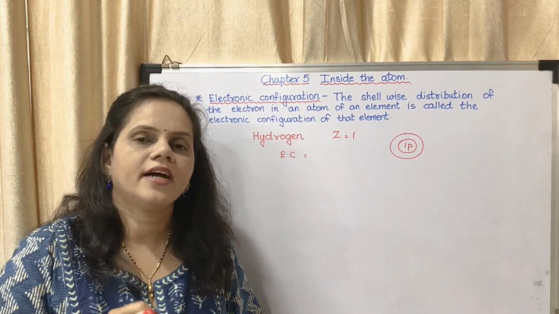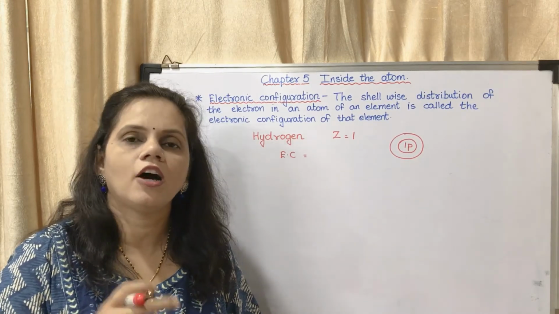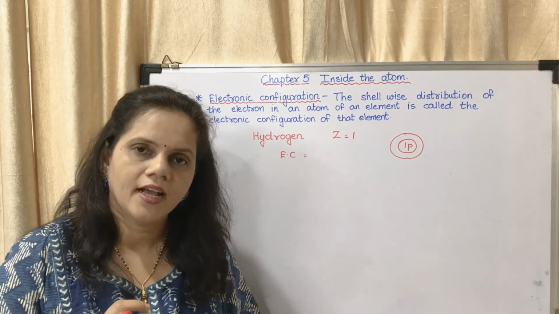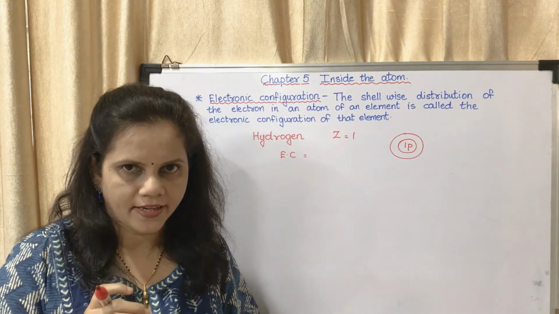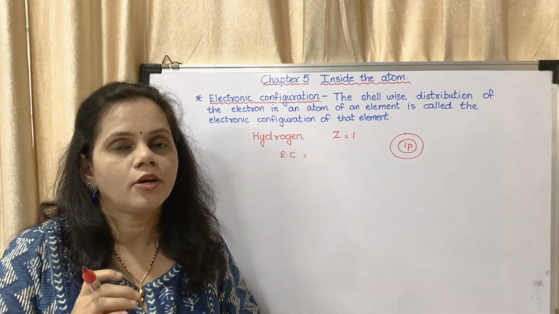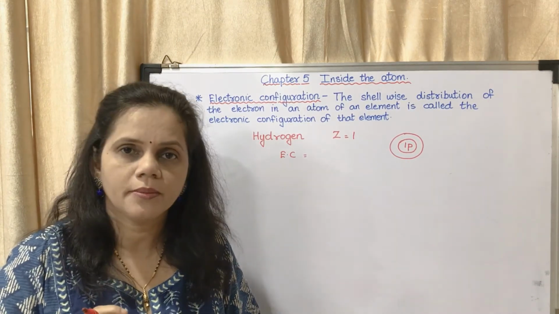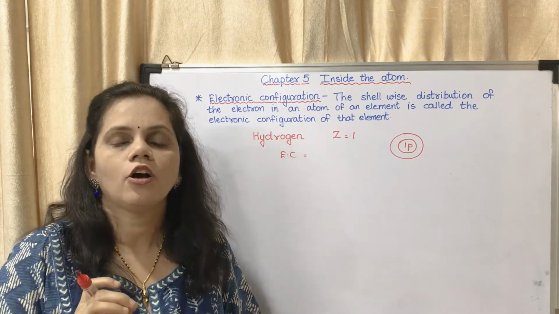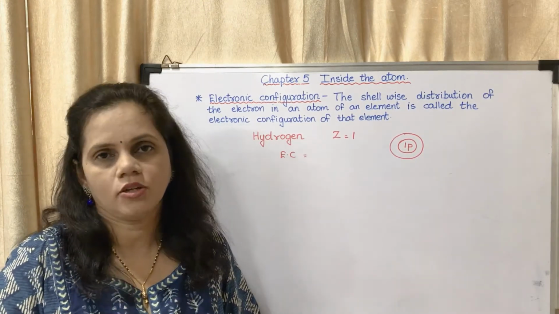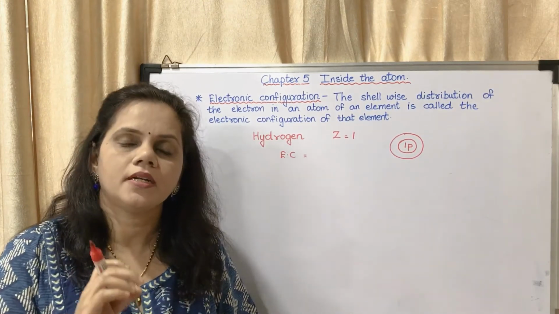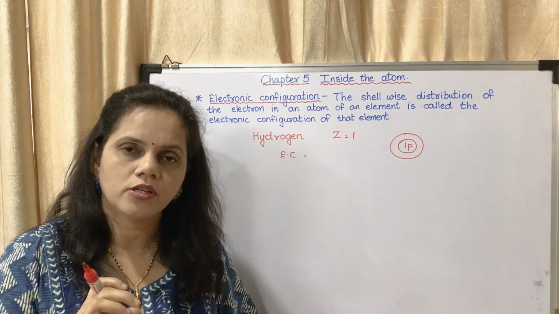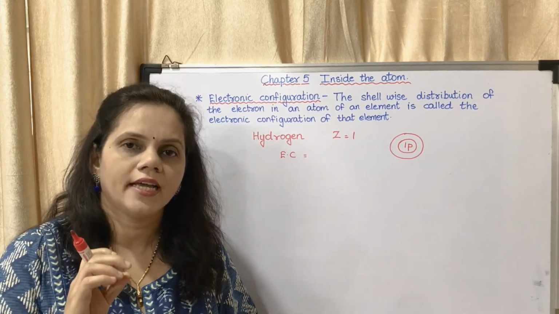If the atomic number is 7, how many protons? 7. How many electrons? 7. If the atomic number is 20, how many protons? 20. How many electrons? 20.